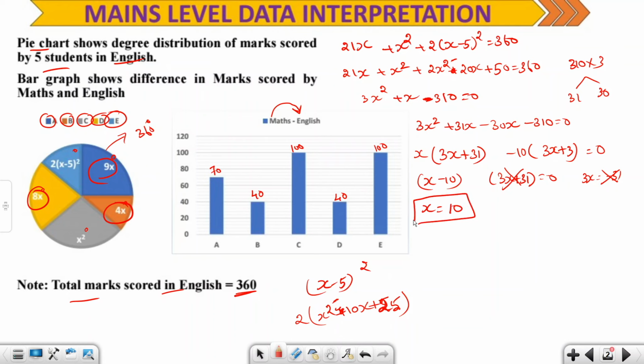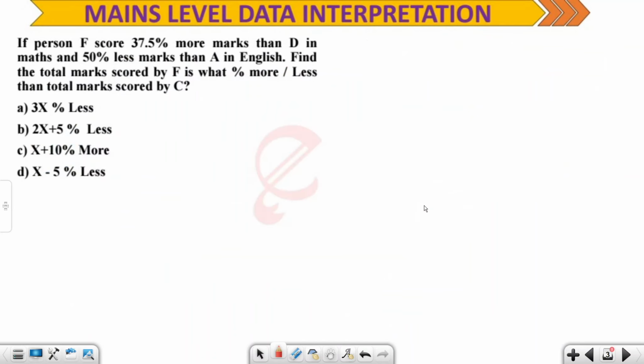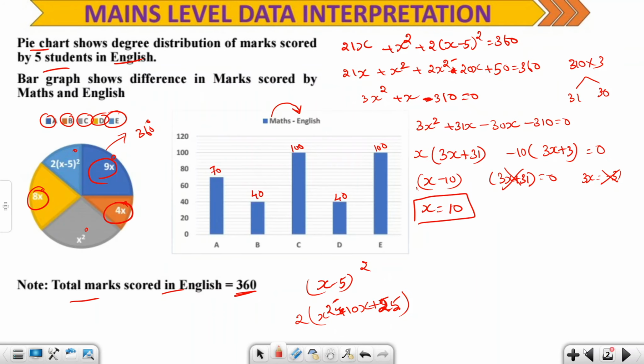The value of x is 10. Now we'll write down the values. I'll make a table with the English marks, the difference between Maths and English, and the marks scored by Maths. We have A, B, C, D, and E. A scored how much in English? 9 into 10, which is 90.